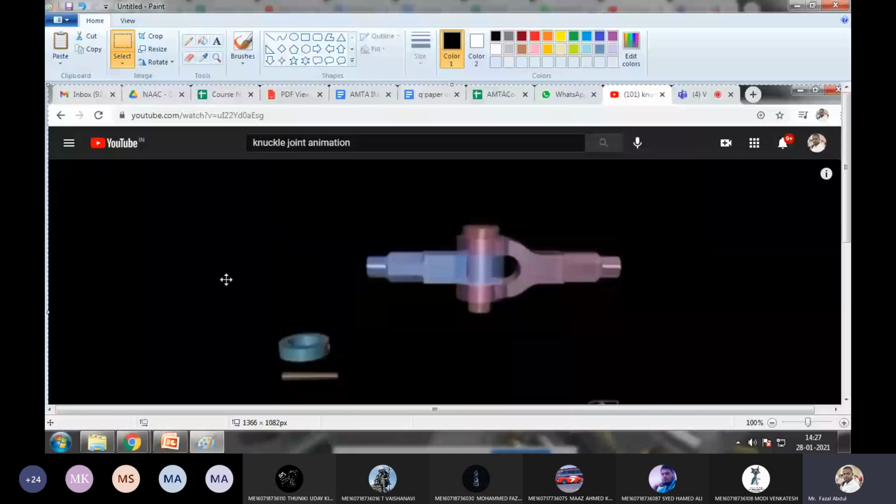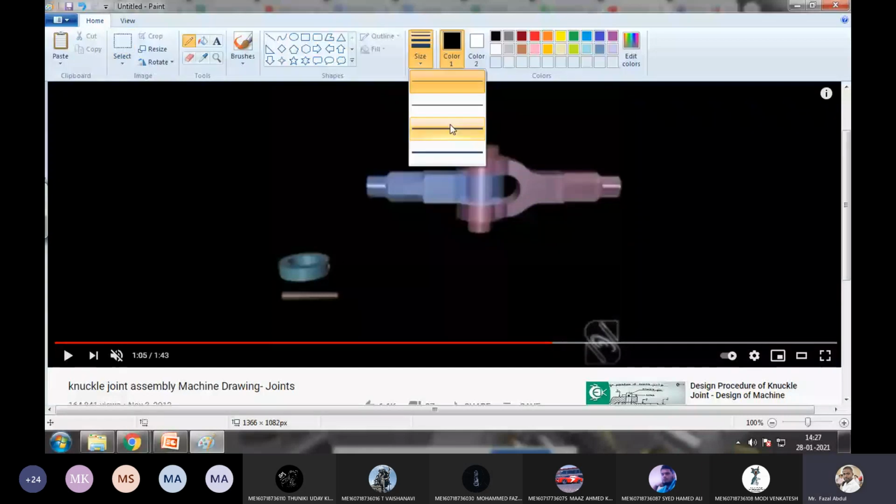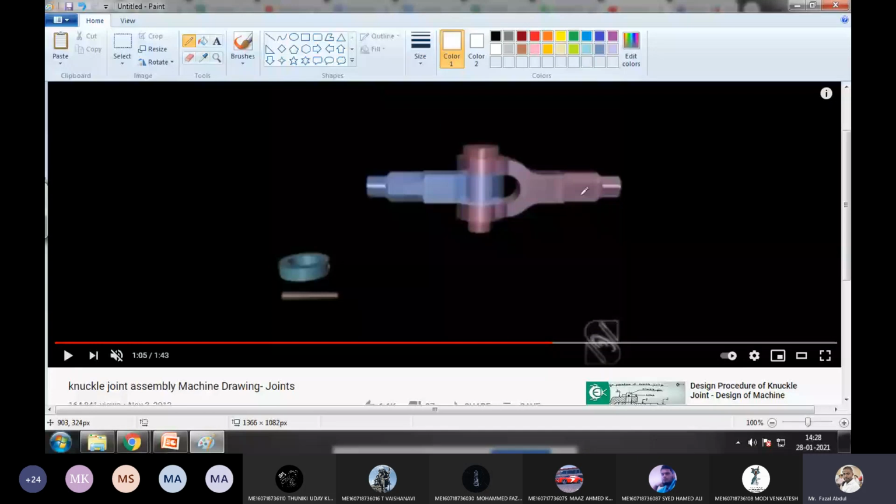Now see here. Because a tensile load is applied here, but actually this tensile load is distributed on the pin. This is the pin we are designing now.